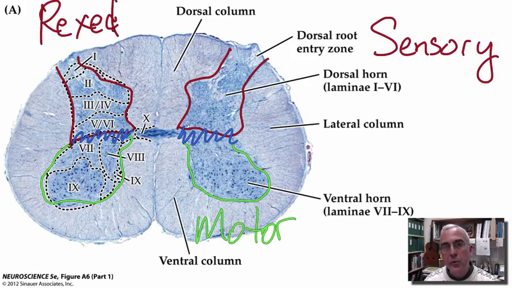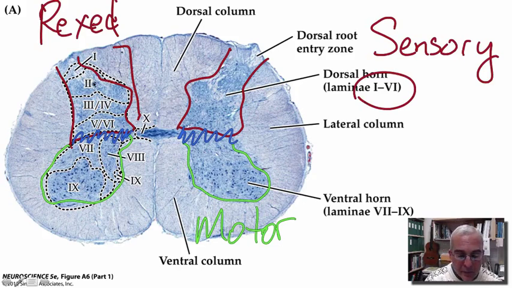So that's what the Roman numerals are over here to the left side. So the dorsal horn is essentially laminae 1 through 6. We'll spend some time talking about these laminae when we talk about mechanisms of pain and temperature processing, especially lamina number 2, also known as the substantia gelatinosa, or the gelatinous layer of the dorsal horn. So we'll come back to that in a later session.